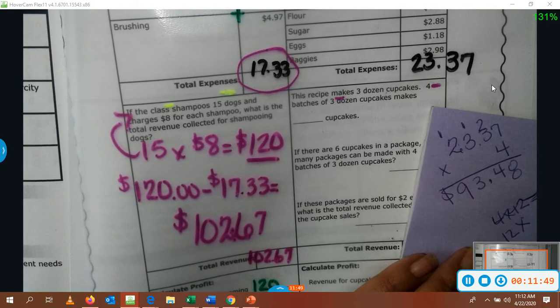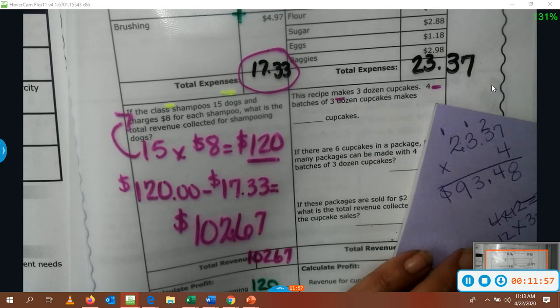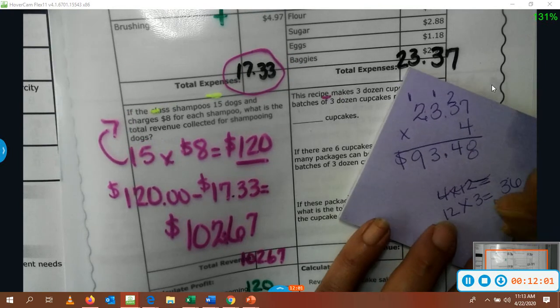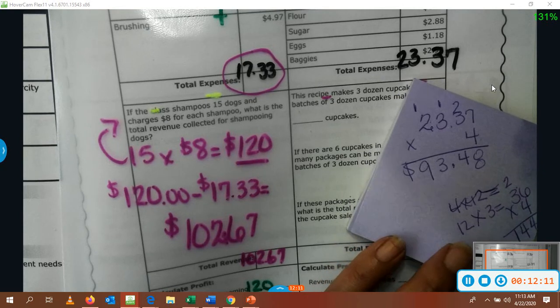In one batch of cupcakes is 12 times 3. That gives us 36. But they want 4 batches, so it'll be 36 times 4. 6 times 4 is 24. 3 times 4 is 12, plus 2 more is 14. So they give us 144 cupcakes.